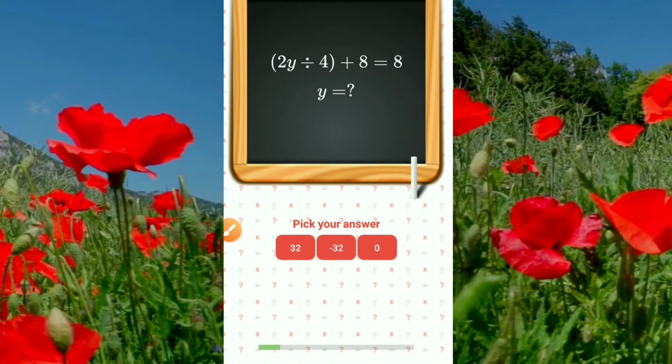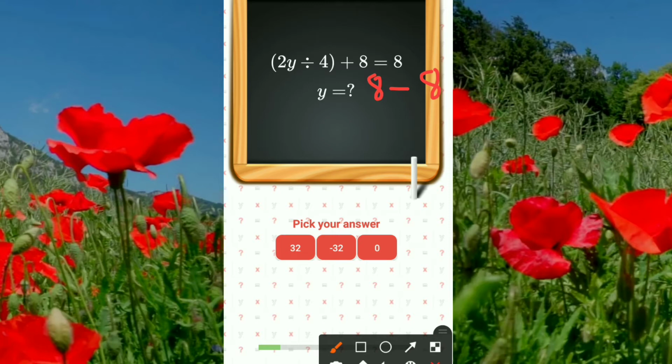Next, 2y divided by 4 plus 8 equals 8. So step 1, we need to remove the 8 from the left by subtracting 8 from both sides. So yan. So subtract natin ng 8, minus natin yung 8.